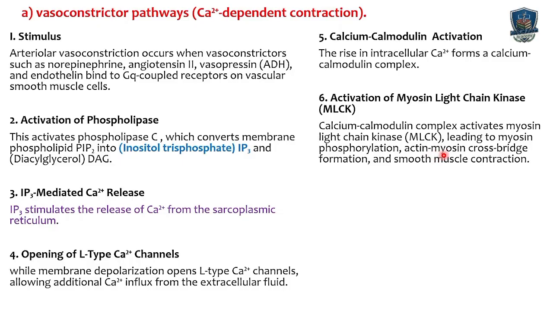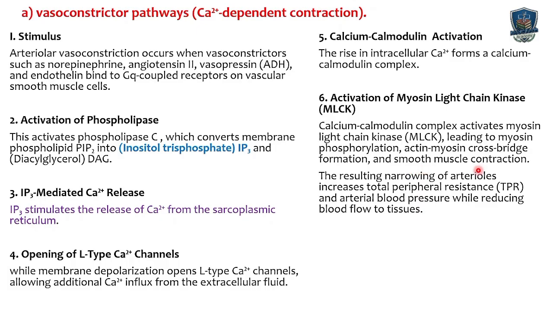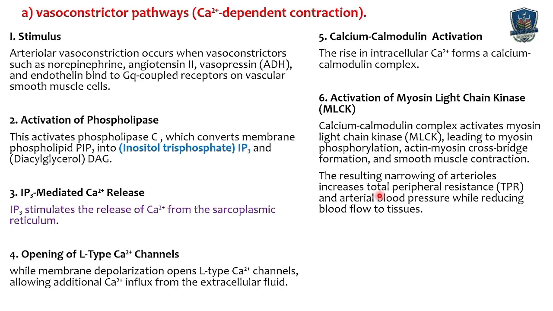This leads to actin myosin cross bridge formation, and finally smooth muscle contraction. If there's smooth muscle contraction, this results in an increase in total peripheral resistance, and an increase in TPR leads to an increase in blood pressure. So that's all about the vasoconstrictor.